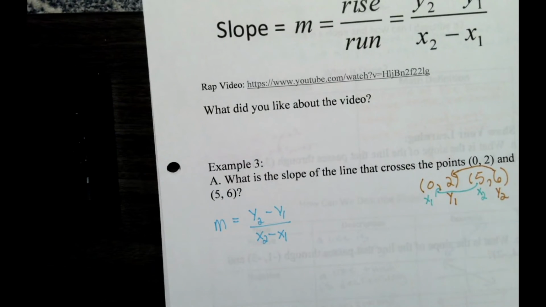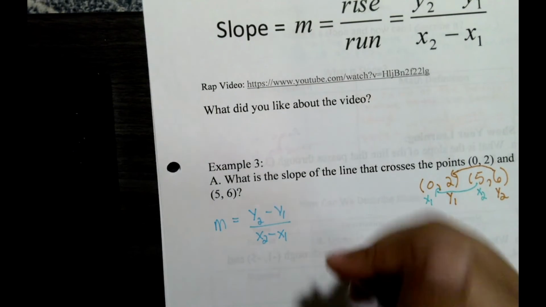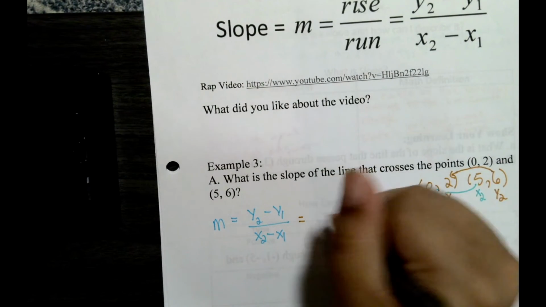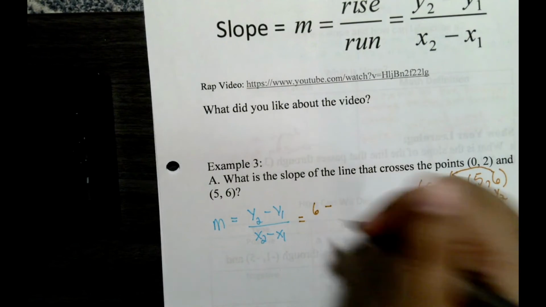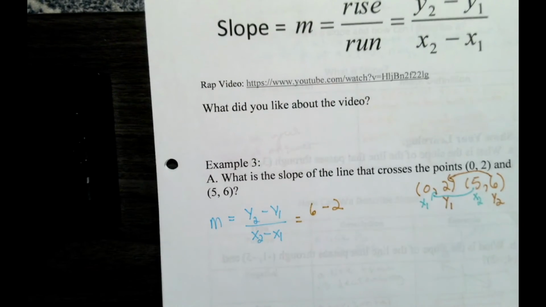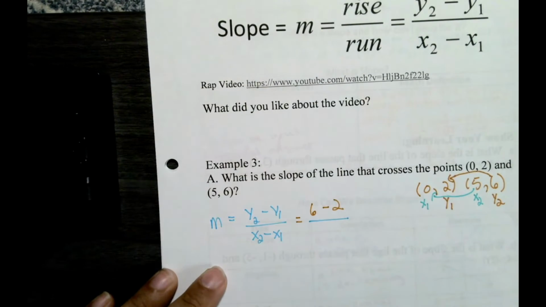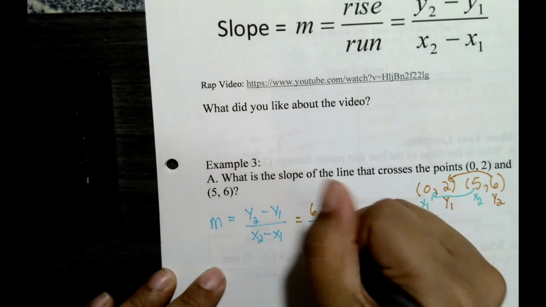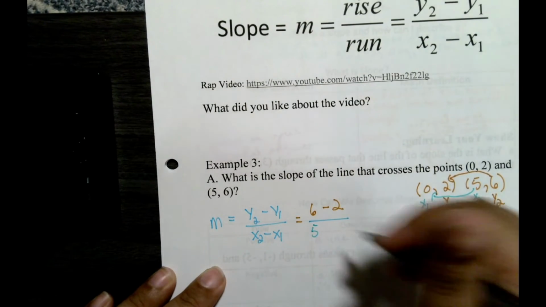All that's left to do now is simplify. So 6 minus 2 is 4, and 5 minus 0 is 5. So we are left with our slope of 4 over 5. I won't color code every time, I just wanted to color code for this first one. But that's how we do it.